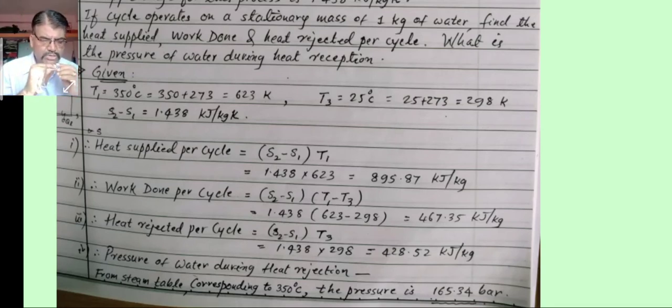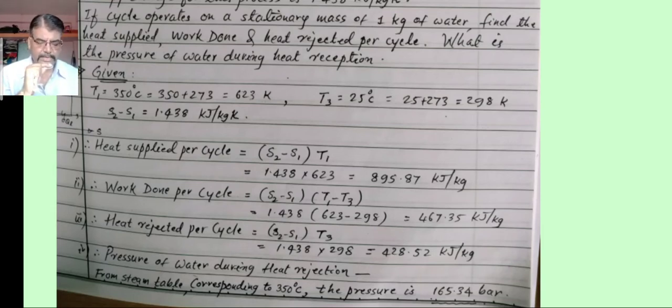By putting the values, we get the answer 467.35 kilojoules per kg. Third thing, we have to calculate heat rejected per cycle. The formula is S2 minus S1 into T3, so that happens in the condenser. By putting the values, we get 428.52 kilojoules per kg.